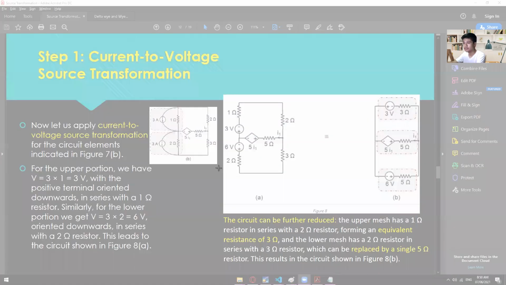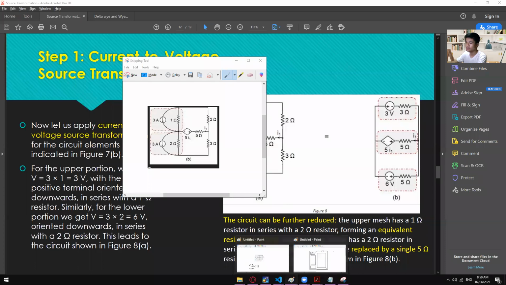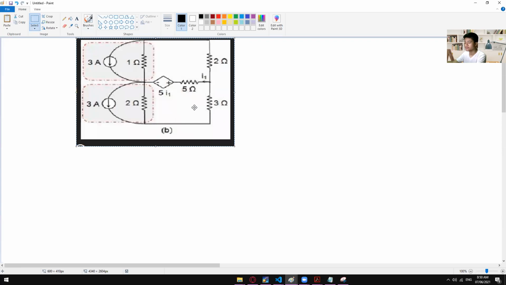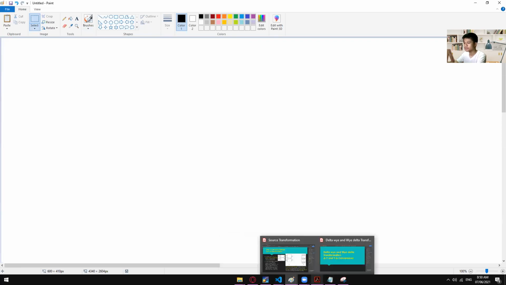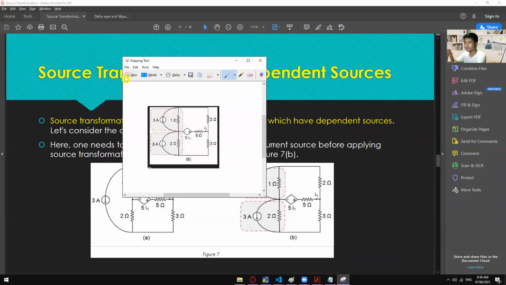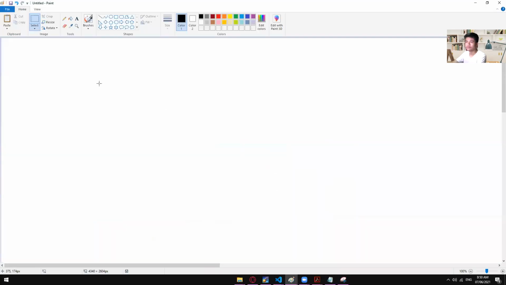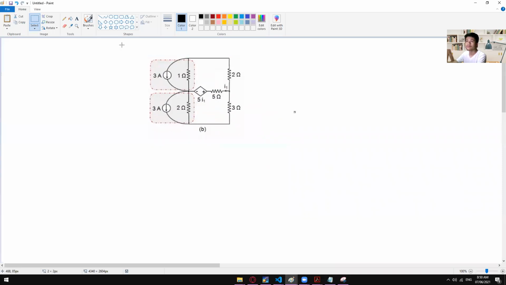So let me get this one, and then let's have our own solution. Let's have this circuit right here instead. From current to voltage, it should be parallel to series. We are going to need the formula V = IR to get the voltage.